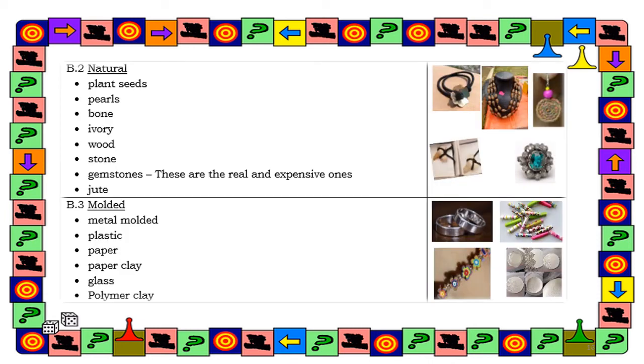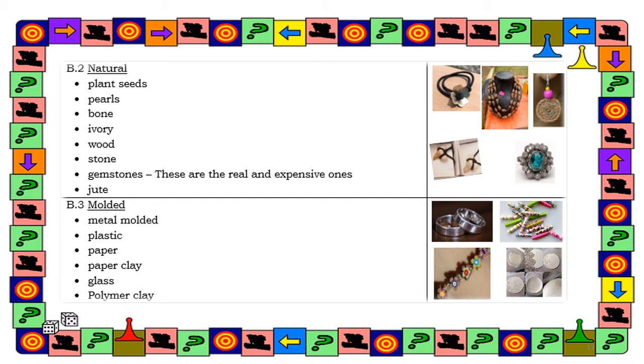Then we have the natural beads, which come from plant seeds, pearls, bone, ivory, wood, stone, gemstones, of which are the real and expensive ones. They're different from the synthetic.